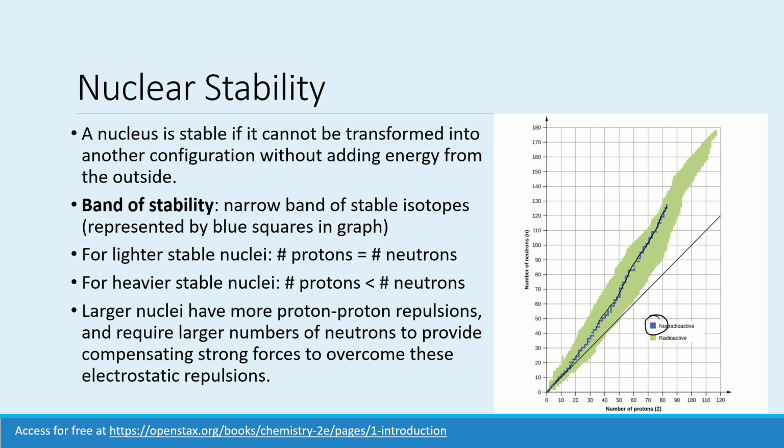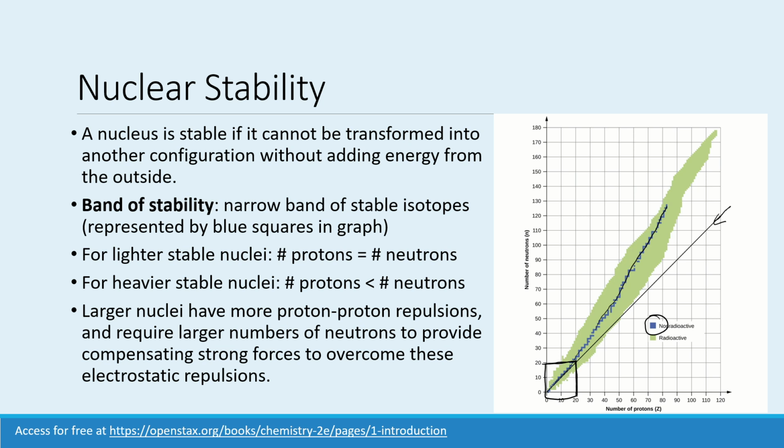So for lighter nuclei, the number of protons and the number of neutrons are going to be about the same. And so when we're talking about lighter nuclei, we're talking about ones right here in this region that are about 20 or less protons. Okay, so if you can tell, there's this black line on the graph right here.